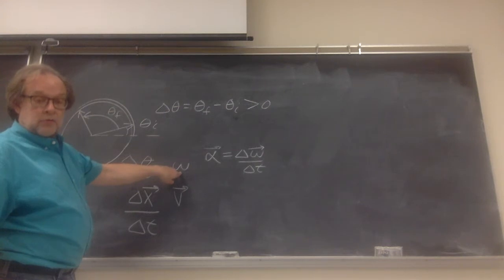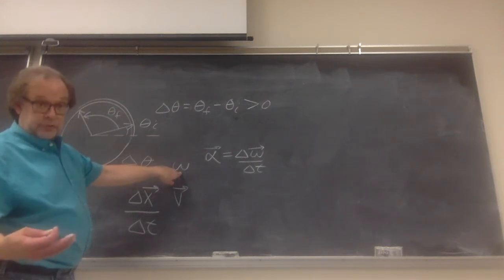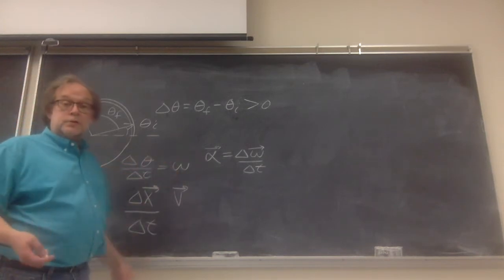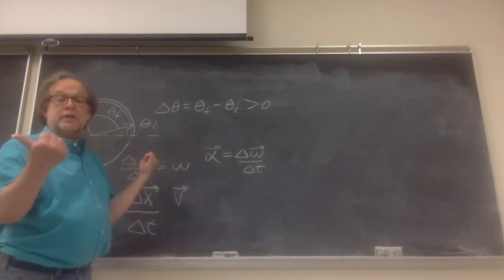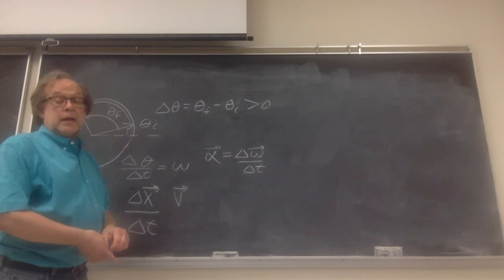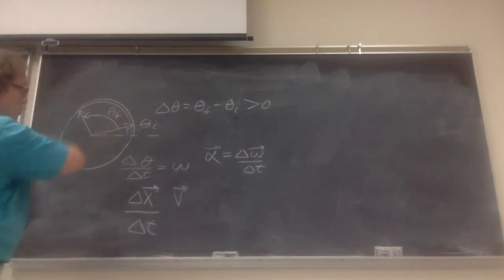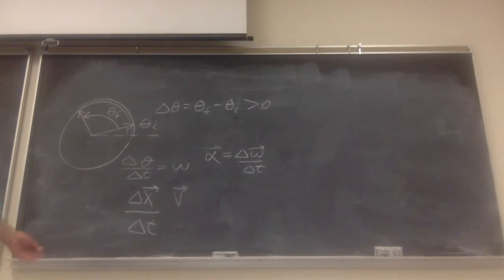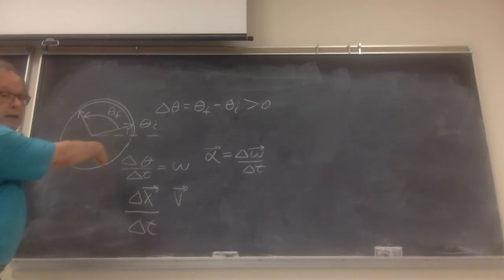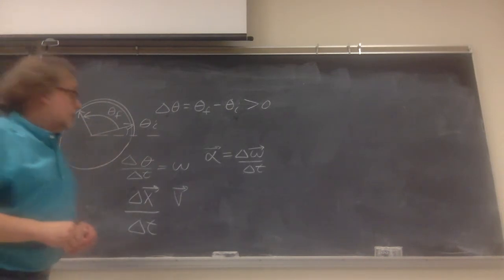The angular velocity is a vector. It's a vector that always points one way or the other along the axis of rotation. And if it's a counterclockwise rotation, we'll say it points this way. And if it's a clockwise rotation, we'll say that the angular velocity points that way.